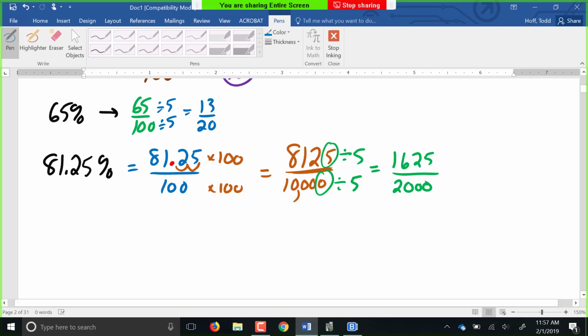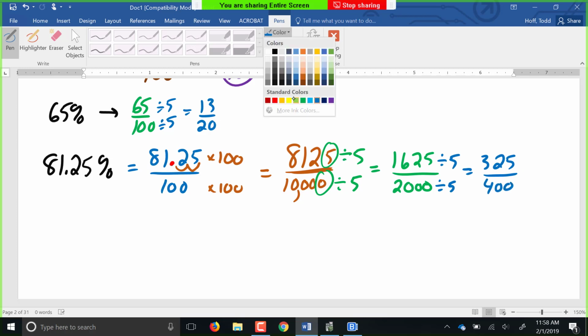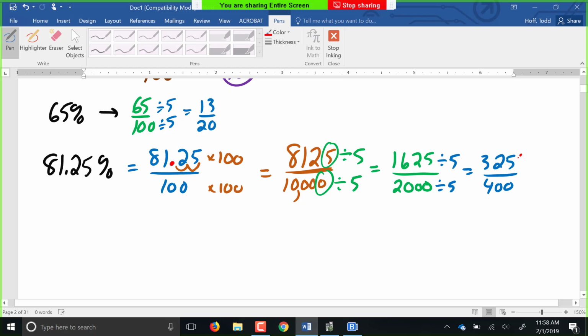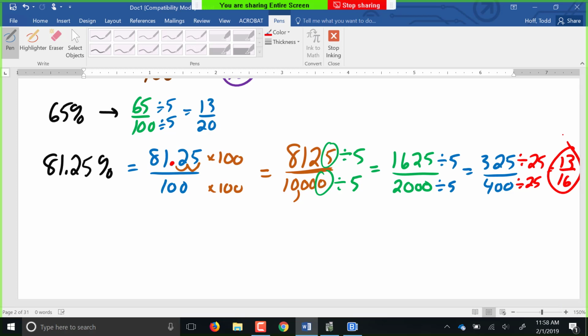They can still both be divided by, pardon me? 5. Perfect. So we've got 325 over 400. Looking at it now, they can both be divided by 5, but you might see that they can both be divided by 25, which is going to give us 13 over 16. So 81.25% is 13 out of 16, or 13/16.